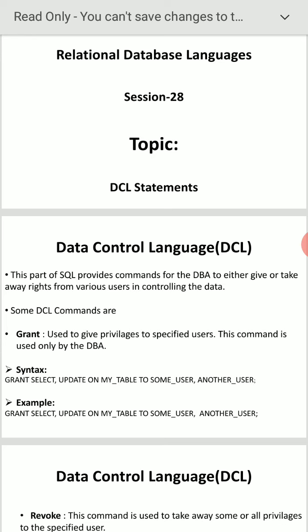Now X and Y have rights to use the database. Another example you see here: grant select on users to Tom at localhost. Locally, Tom can use the database. But this command is used only by the DBA, database administrator, not others.